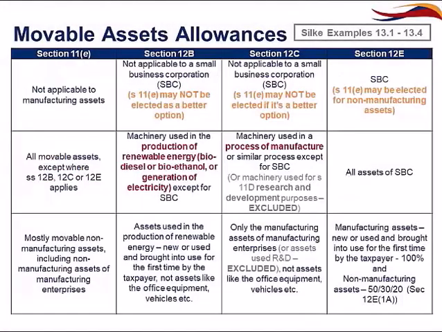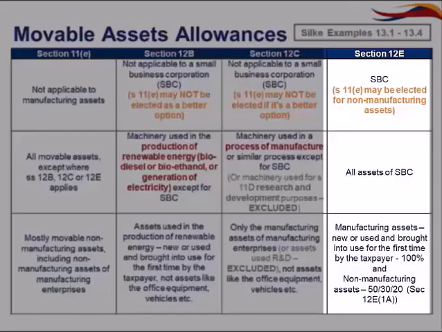Moving on to Section 12E, this applies to small business corporations. Section 11E may only be elected when it comes to non-manufacturing assets. So if we have a small business corporation and they have manufacturing assets that are less than 7,000, we cannot elect to use Section 11E.